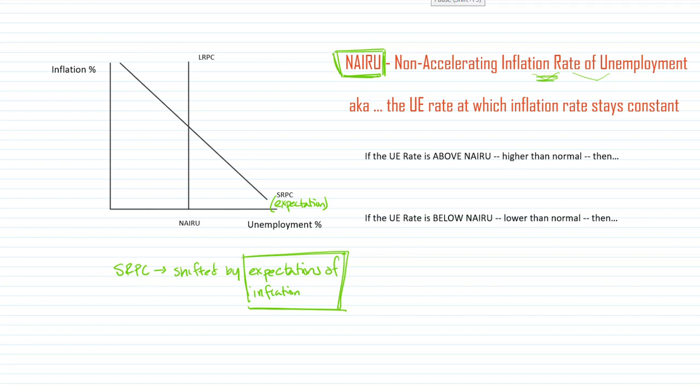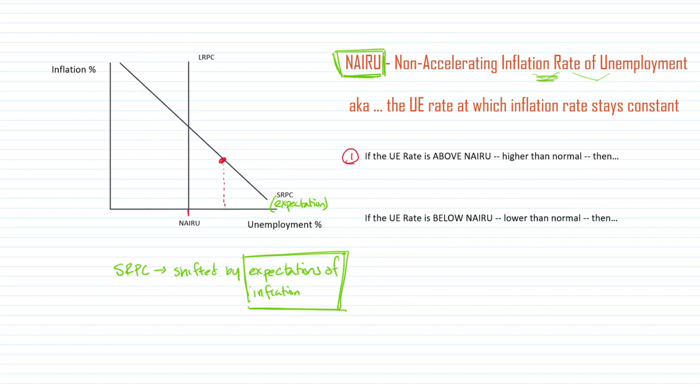So let's start with this first example. What would happen to an economy and to a Phillips curve if the unemployment rate was above NAIRU, if the unemployment rate was higher than normal? So we've got NAIRU, an unemployment rate here on our x-axis, on our unemployment axis. And the question is, what happens on this SRPC if we are above that? So we could move over and imagine a high unemployment rate.